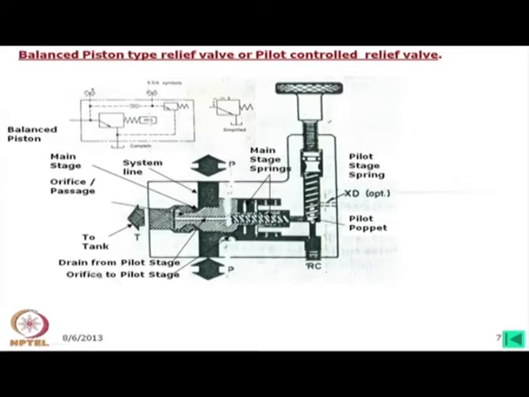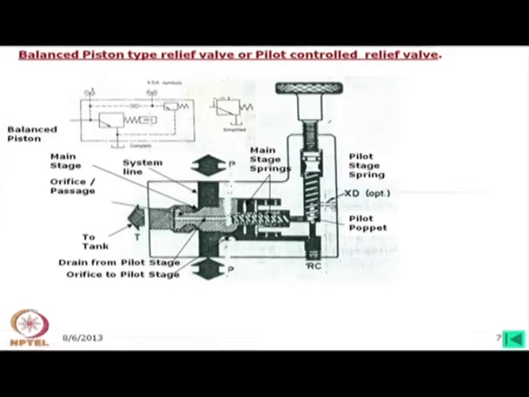Okay. Now, you can see it is written here: the pilot stage drain, orifice to pilot stage, main stage spring, and this is the pilot stage spring. Sorry, this arrow is not given, and this one is the external drain port.